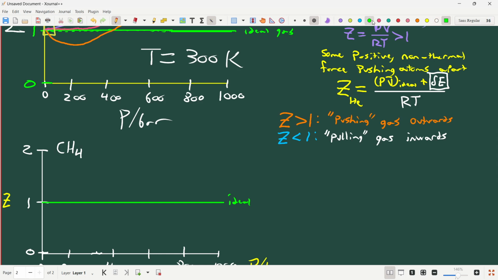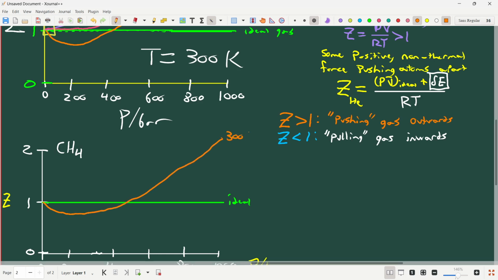All right, so I'll redraw the 300 Kelvin one. It goes like this. This is 300 Kelvin, that's what we saw on the previous slide. Let's go down in temperature. What happens when I cool the system a little bit?